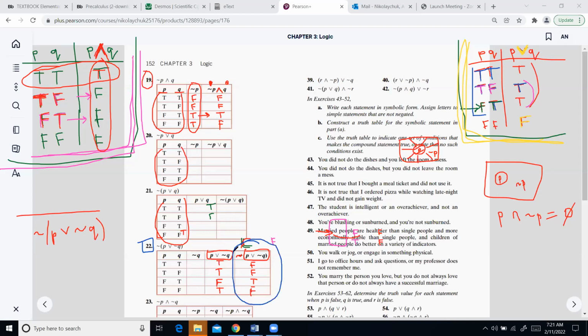So that's our goal here. Technically, we don't really care what happens before. We just need to see when P is T and Q is T, turns out the result is F, etc.